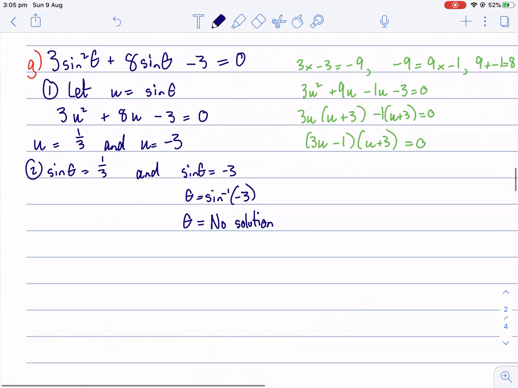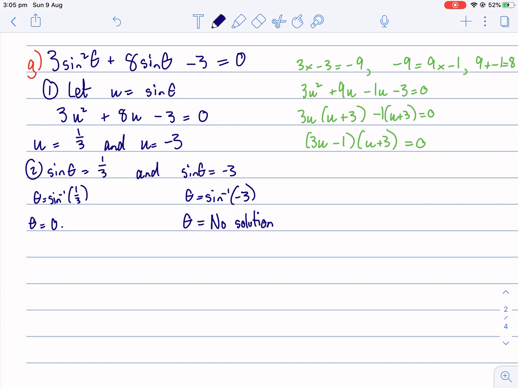We don't have a special triangle for sine coming out as a third, so we're just going to have to do theta equals arc sine a third. They want the answer in radians, so make sure you're in radians.